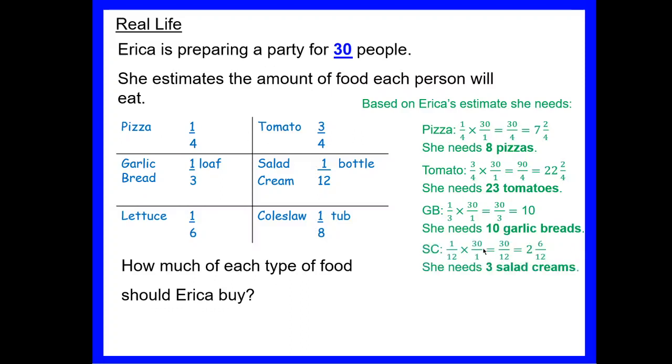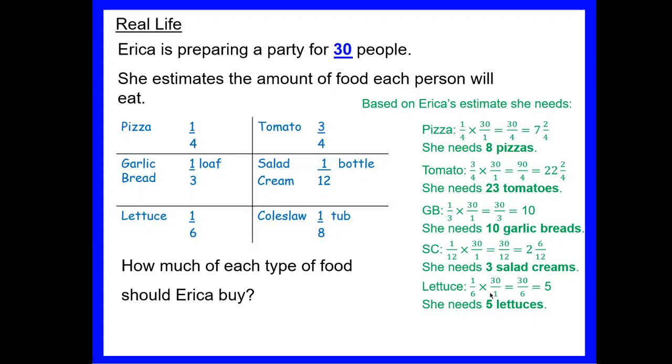For the salad cream, 1/12 of a bottle, so 1/12 times 30 over 1 is 30 over 12. 12 fits into 30 2 whole times, with 6 remaining back over our 12. So again, we'll need to round up. So the next whole bottle is 3 bottles of salad cream.